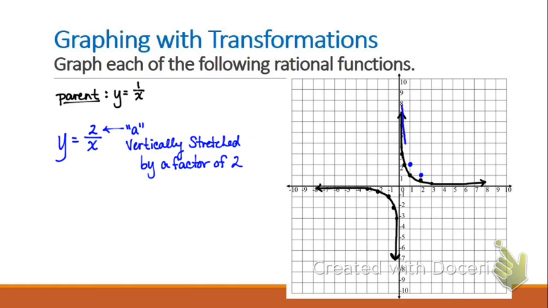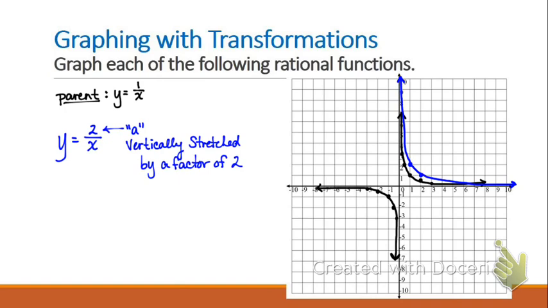We didn't have any left or right shifts at all, so my asymptotes aren't going to change. And I should actually be getting closer to both axes here. So it's going to come around like this, and it's going to get real close to the x-axis there. And in this direction, it's going to get real close to the y-axis here.